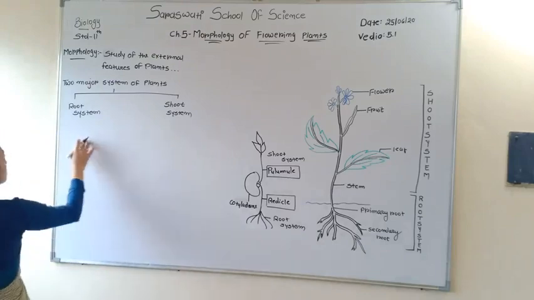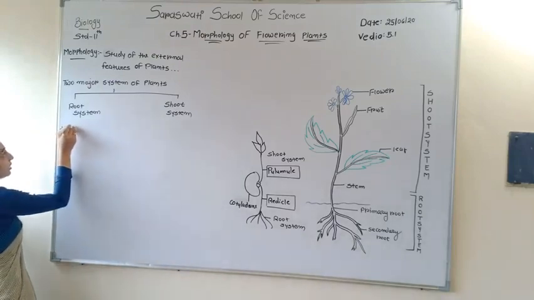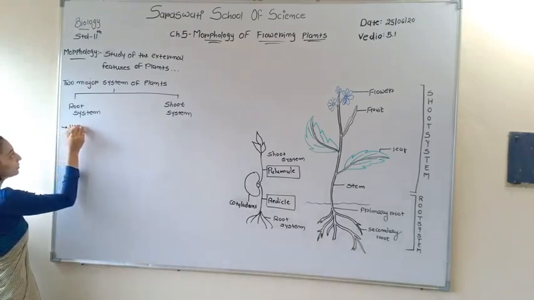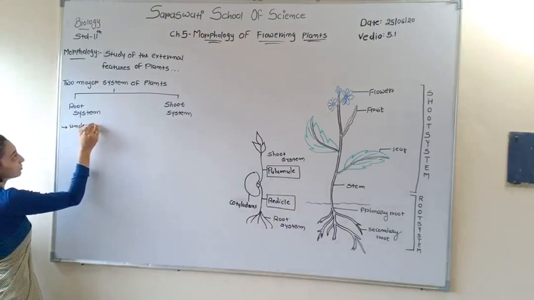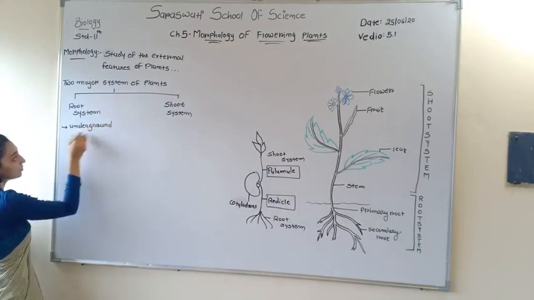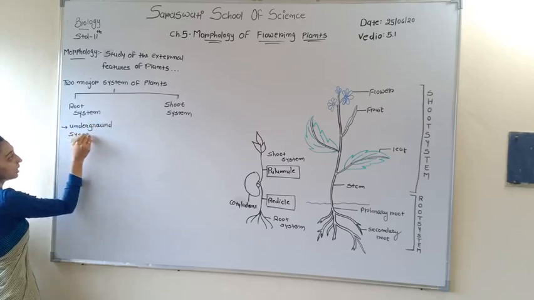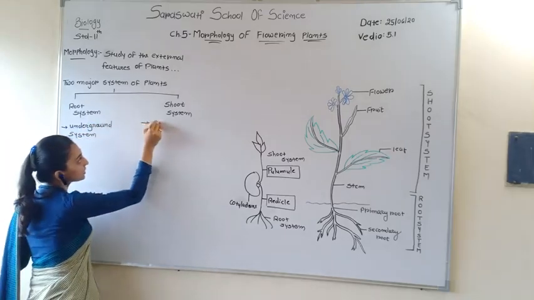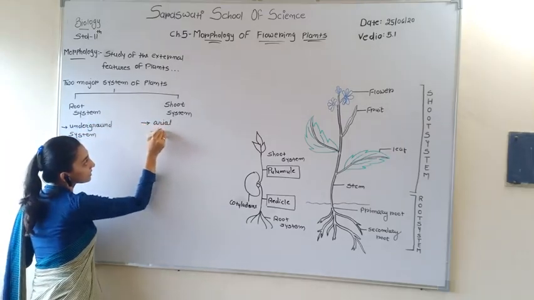The root system is the underground system, and the shoot system is the aerial system.